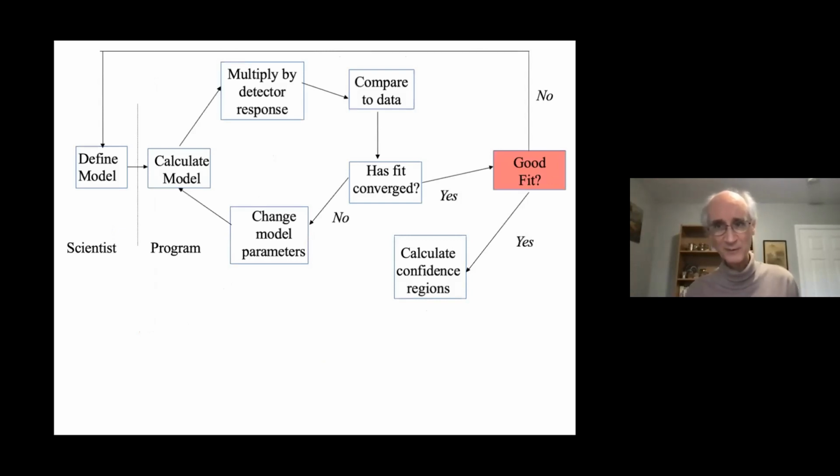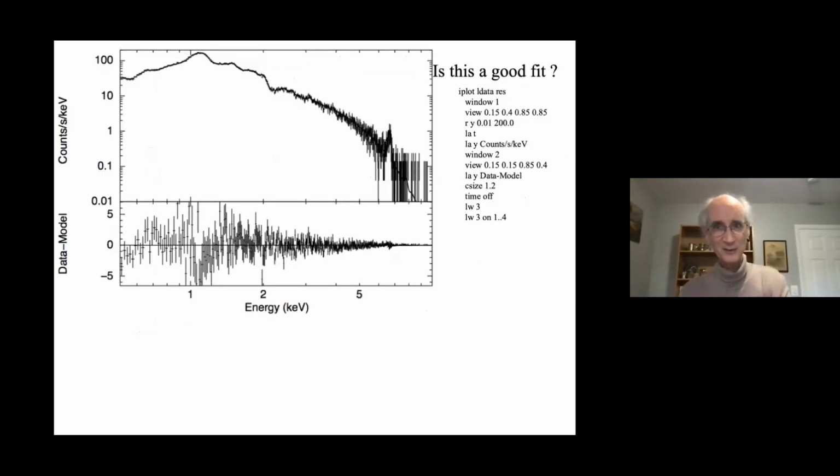So then we get to the question of is this a good fit. Here's an example. You do your fit, you end up with something like that, and my advice is always to look at plots. The human eye is very good at finding things, and of course, sometimes it's very good at finding things which are not there.